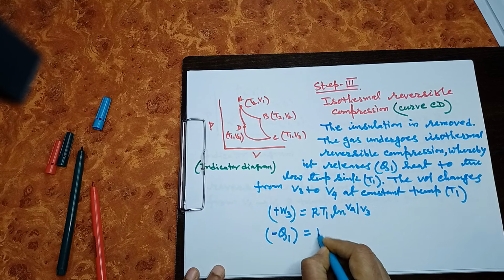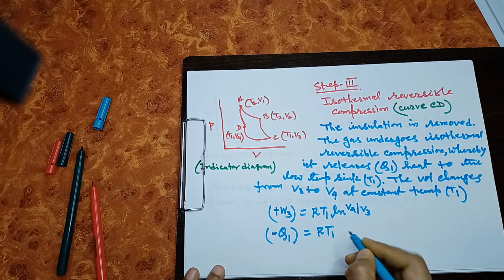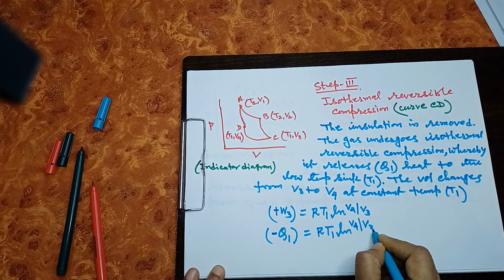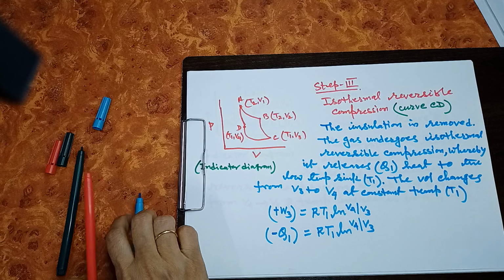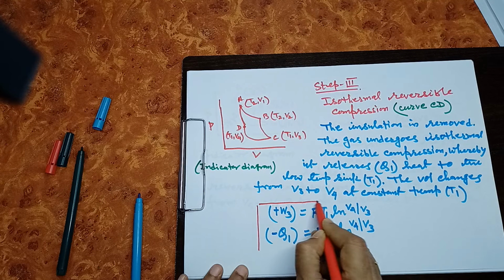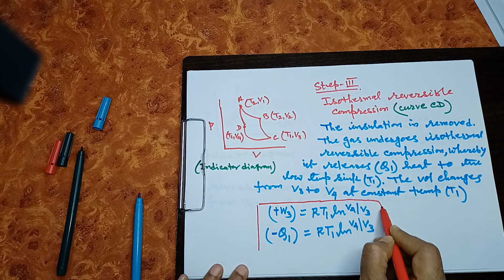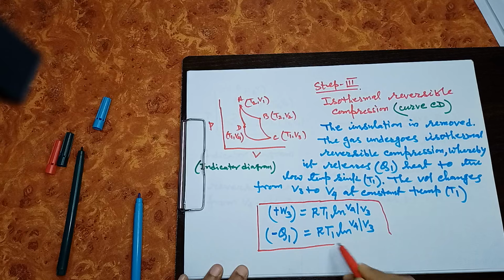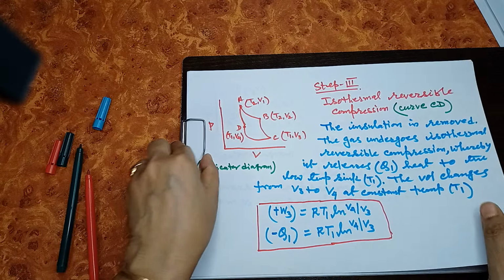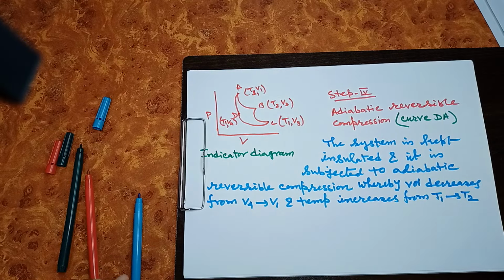That means it is equal to RT1 ln V4 by V3. So this is the expression of work done and heat released during step 3, that is isothermal reversible compression.